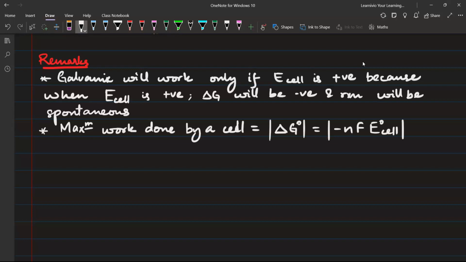Whatever value of NF E naught cell you get, you will write in the positive form, that will be the work. Delta G will come negative. My delta G was minus 6 joules, but the work there was 6 joules, right? So you will get delta G in negative, but the work is 6 joules.